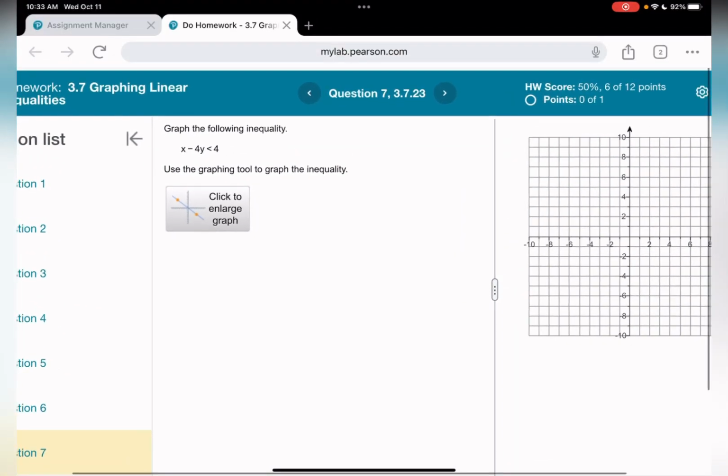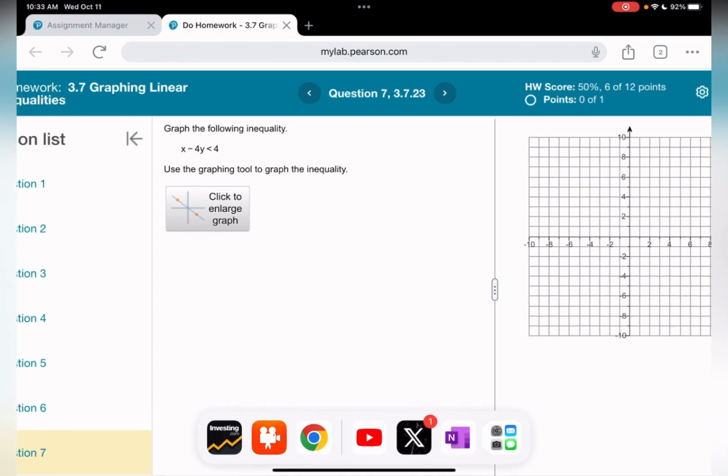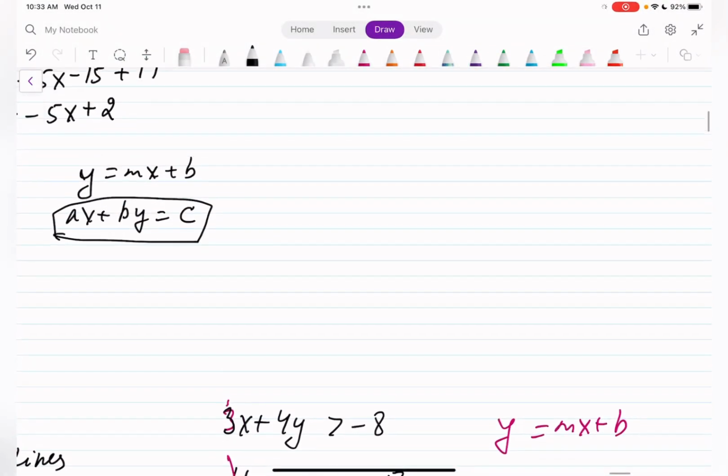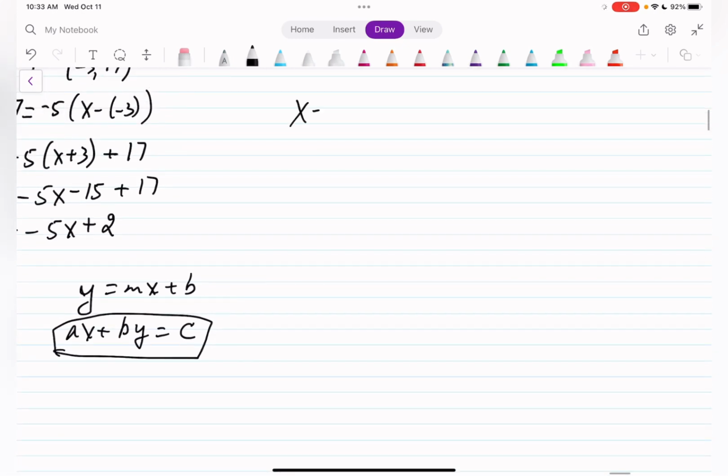Number 7. X minus 4y less than 4. So, since I have 1 here, I think I can use intercepts.